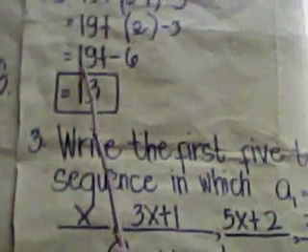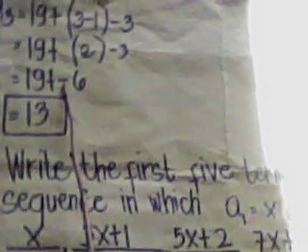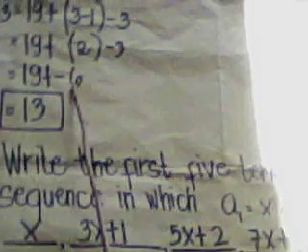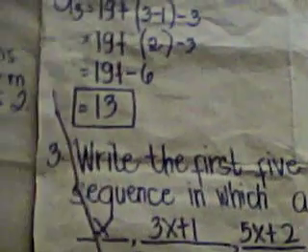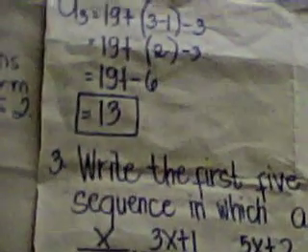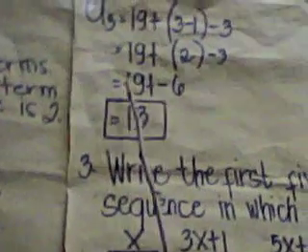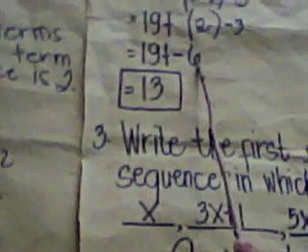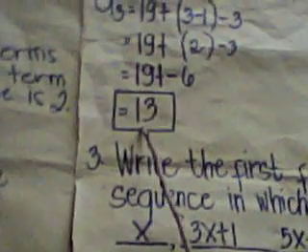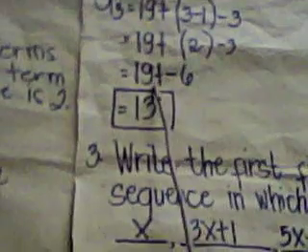Bring down again the 19, and 2 times negative 3. Bring down again the 19, and a positive and a negative, and 2 times 3 is 6. This is a negative, so 19 minus 6 equals 13.